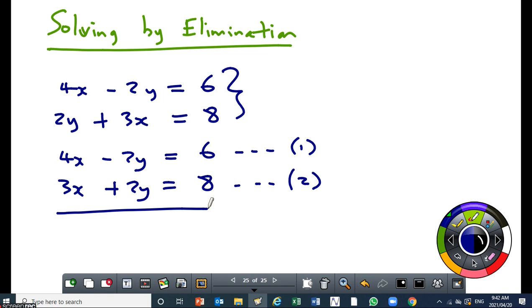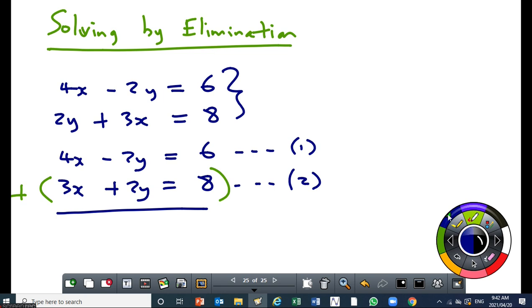So what you do is I'm going to add equation 1 and equation 2. I prefer to put the brackets here. I'll put the brackets in the second equation like that. Then I'll put a plus outside. The reason why I'm putting that plus is it's an indicator that I'm adding the two equations to eliminate what? y.